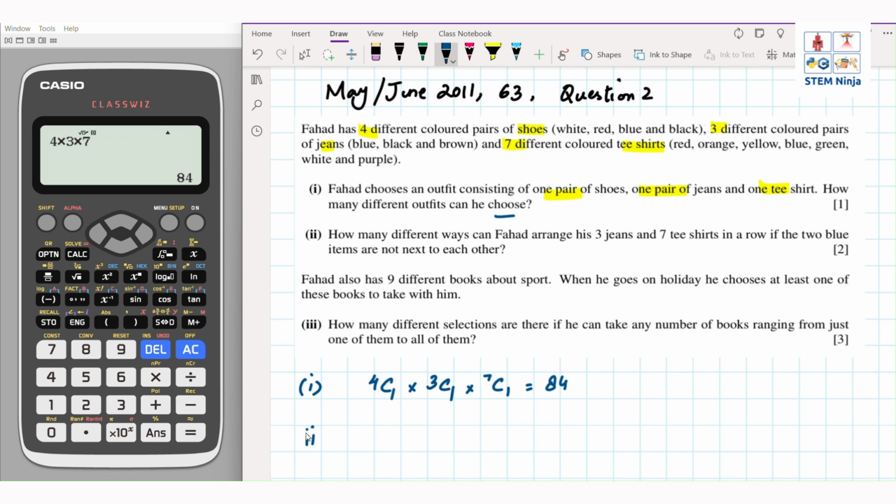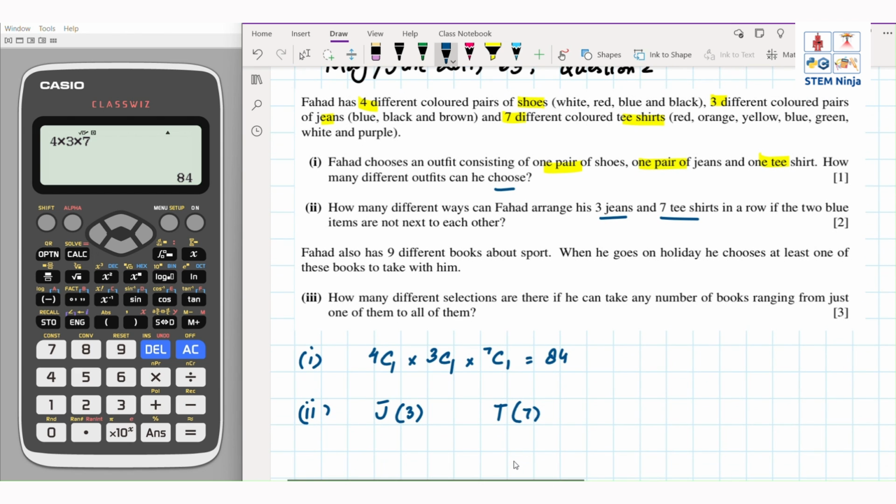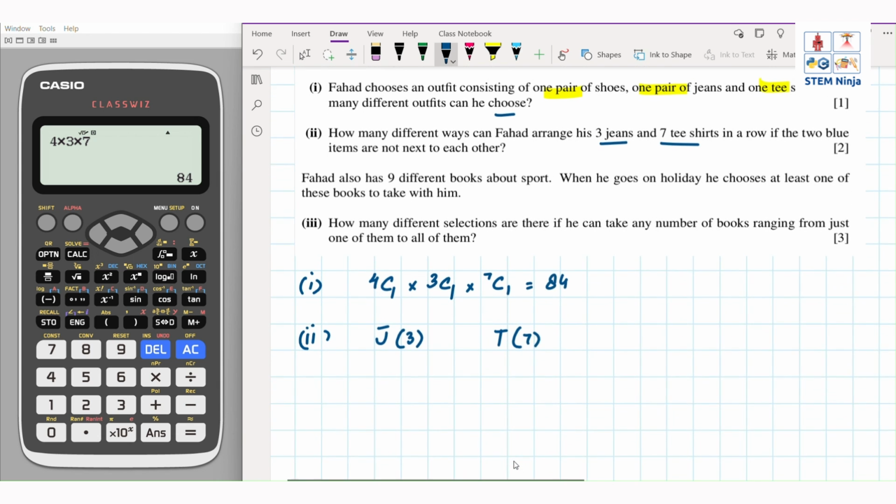Now, how many different ways can Fahad arrange his 3 jeans and 7 t-shirts in a row if 2 blue items are not next to each other? So let's write it first. We have jeans 3 and t-shirts 7. Out of these, we need to arrange them in a row such that the blue items are not next to each other.